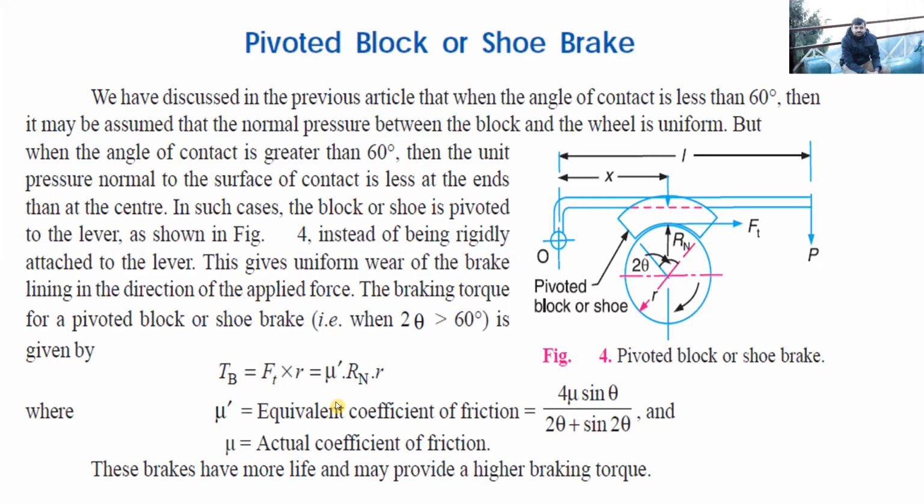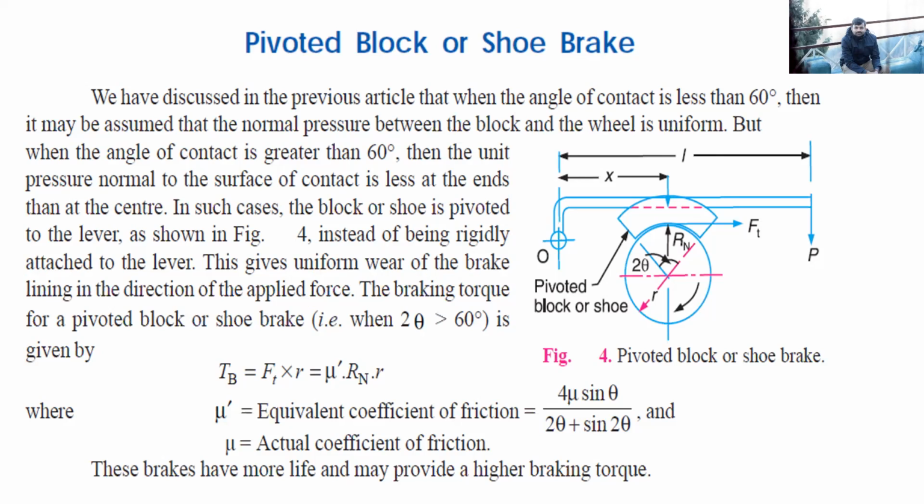But here the pressure is not uniform and the force is not normal, but uniform wear will be happening along the lining of the brake. It is very similar to what we studied in the case of clutches and bearings, that is, uniform pressure theory and uniform wear theory.